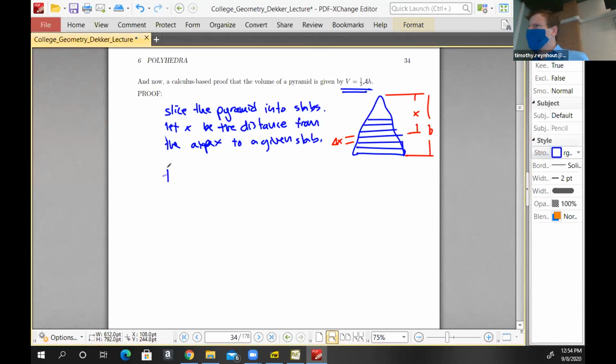The shape of each slab is similar to the base.